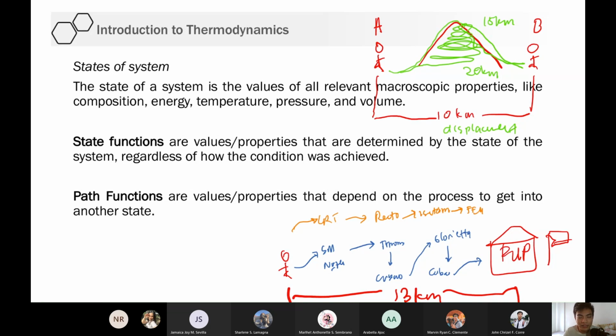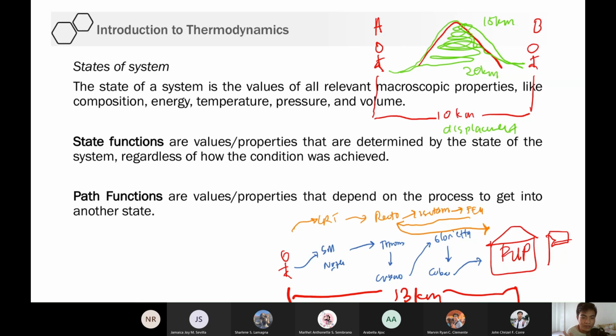Kunin ko pera ko doon, kunwari. Tapos, pagdating kong FEU, babalik na naman ako sa Recto station, then saka ako magpi-PUP. Okay. So, ganun yung distance, no? Ganun yung path function. Depende yung amount niya sa pinaggagawa mo. Okay? Pero pag sinabing state function, it doesn't matter kung ano ginawa mo during the process. Mahalaga nakarating ka dun sa dulo.